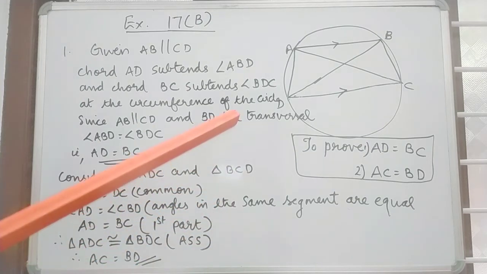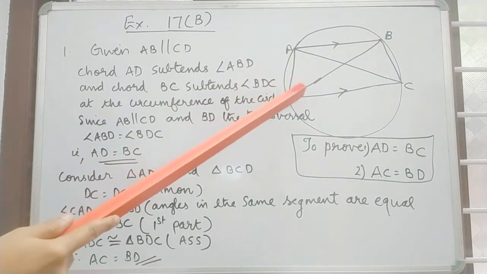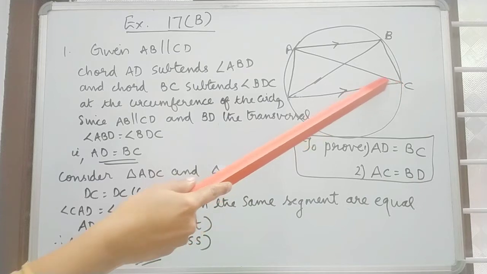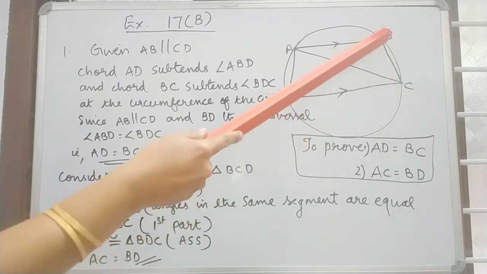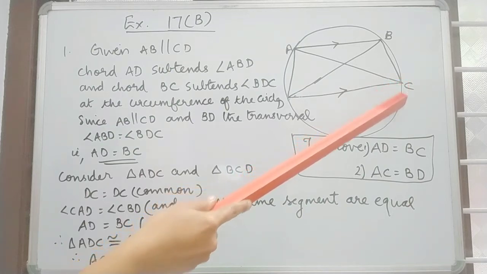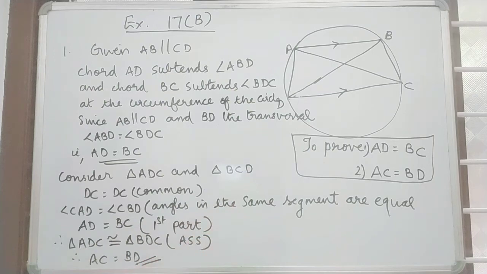Then angle CAD lies in the segment CD. Similarly, what about CBD? CBD also lies in the segment CD. Both lie in the same segment, and angles in the same segment are equal.